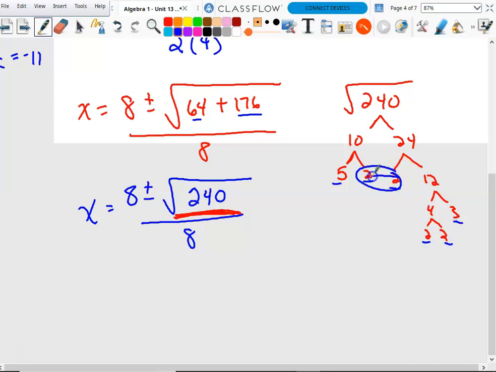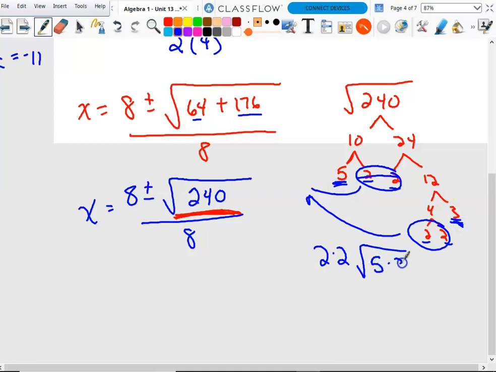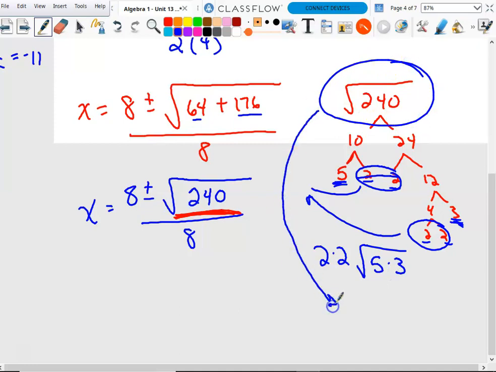I got 2 2s, one can come out. I got 2 2s, one can come out. So I end up with 2 2s on the outside. The 5 and the 3 had nobody to battle with, so they couldn't make it out. And square root 240 simplifies into 4 root 15.